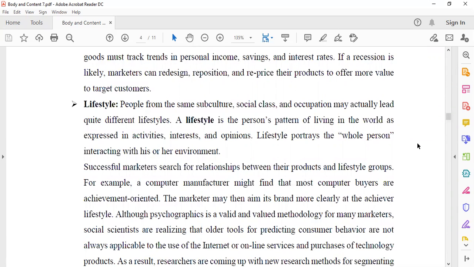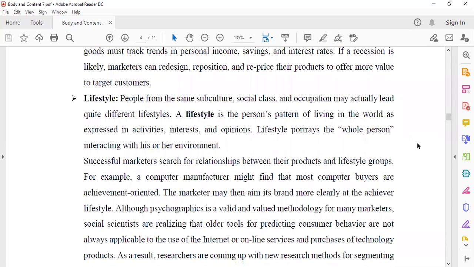Individual's lifestyle is also a personal factor that affects his buying behavior. Some persons have a flamboyant lifestyle, some have a moderate lifestyle, and some could have what we call a miser lifestyle. This goes a long way to affect what the individual buys.